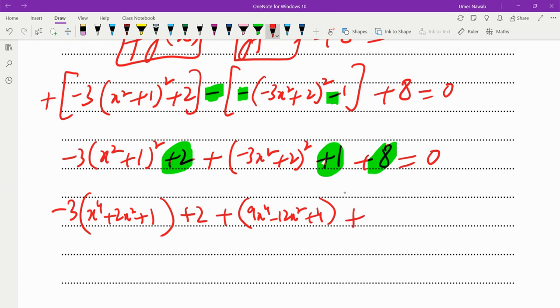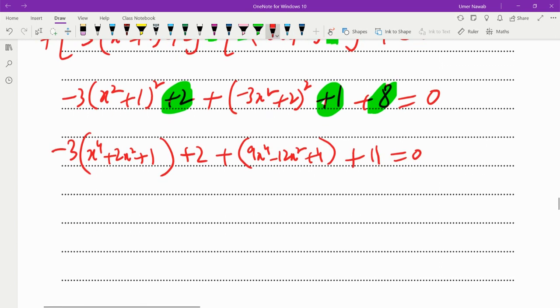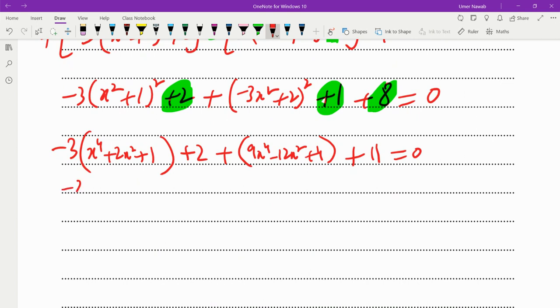It will give you 11. Now simplify it further guys. Minus 3x power 4 minus 6x squared plus minus 3, sorry, then plus 9, sorry guys, no need to write plus 2, so just it's plus. And then I'm gonna write here 9x to the 4 minus 12x squared plus 4 plus 11 is equal to 0.